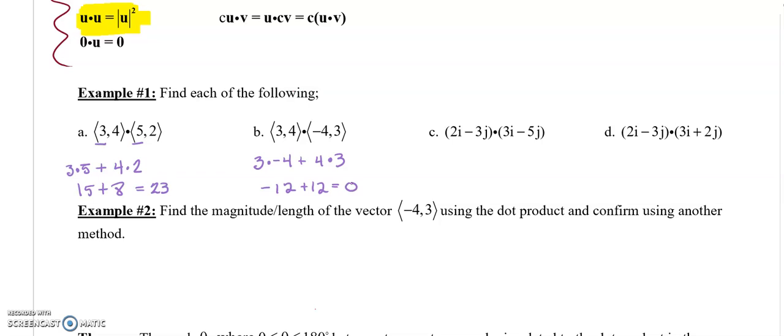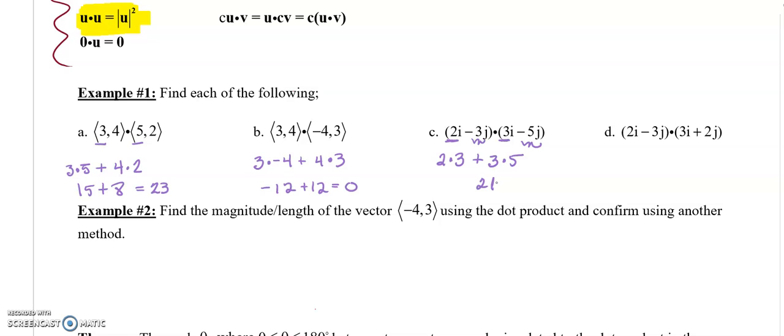I have a linear combination, and I'm still going to approach it the same way. I'm still going to think of this as u sub 1 and this as u sub 2, take the product, and then add it to the v sub 1, v sub 2 product. And I get 21.